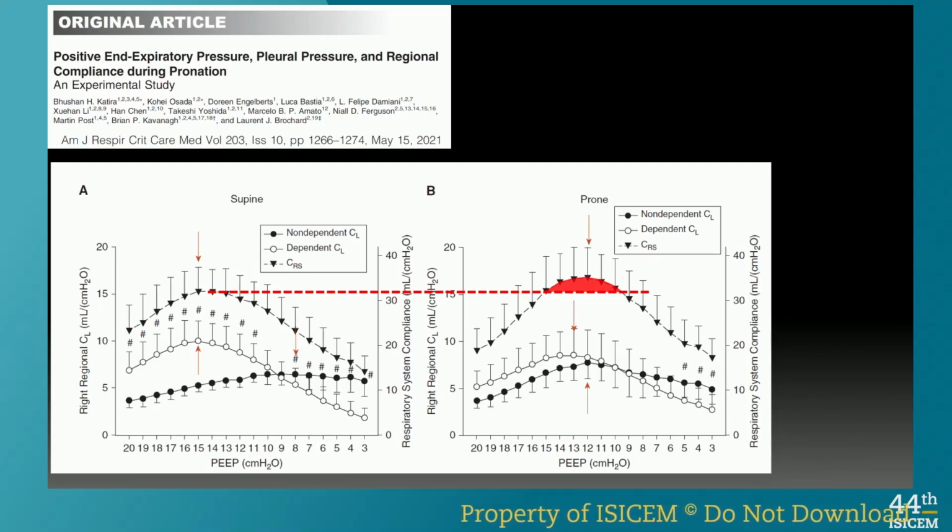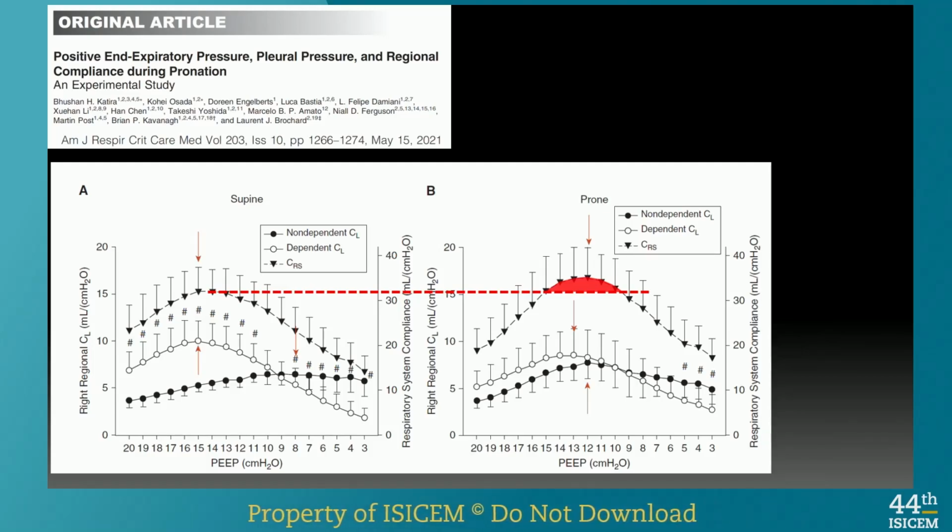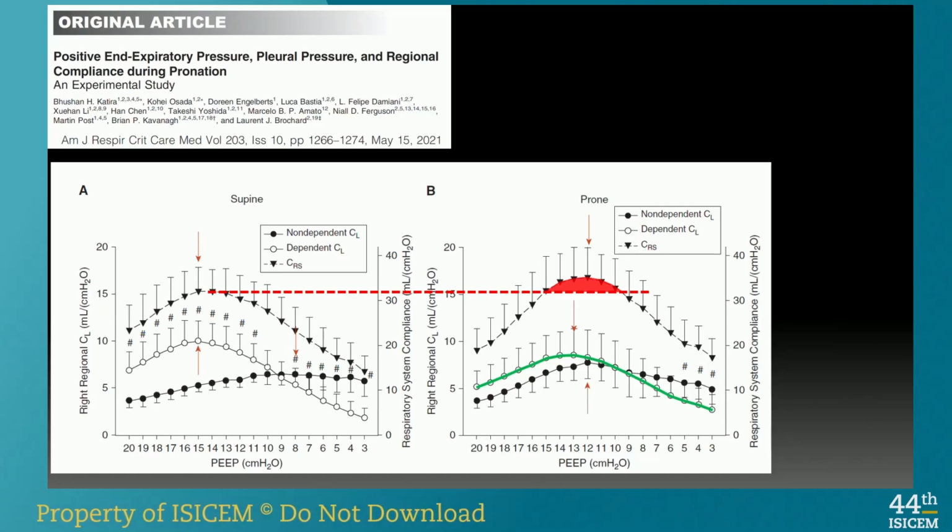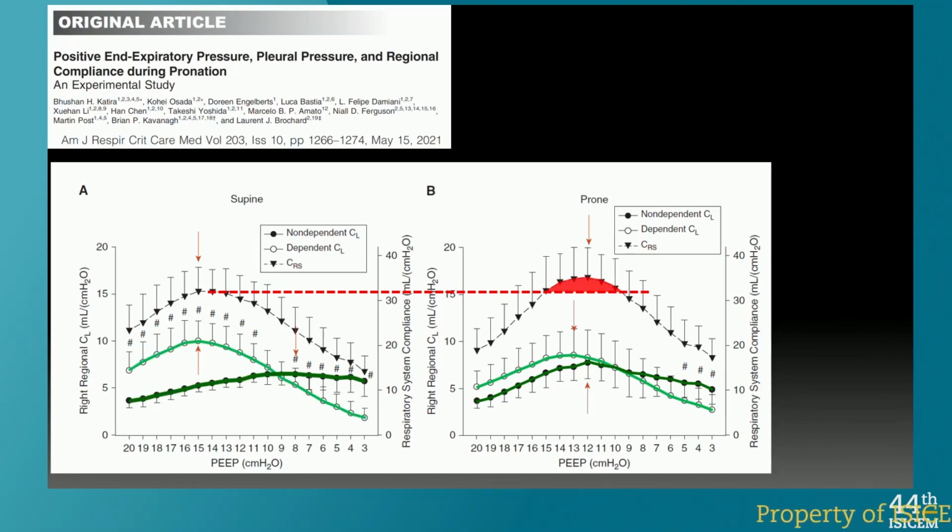And the same was found in humans. And the reason is found below. You have the dependent compliance against PEEP curve, and the non-dependent one, and the peaks of both are very close. But if you look at supine, the two curves have peaks that are very displaced.